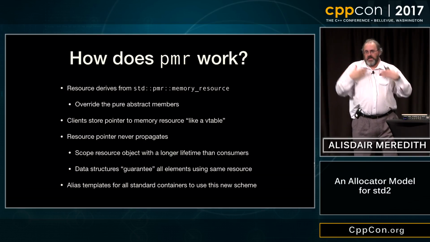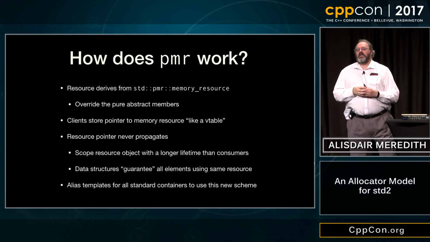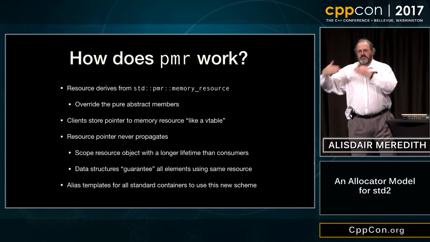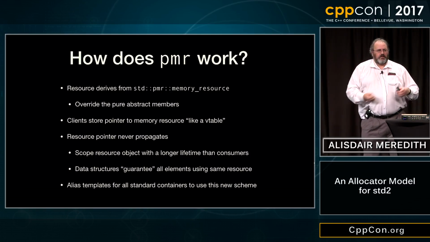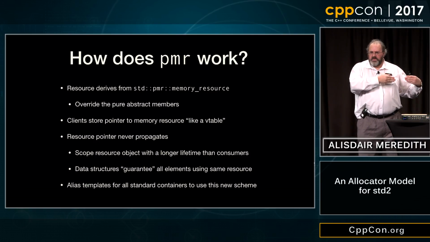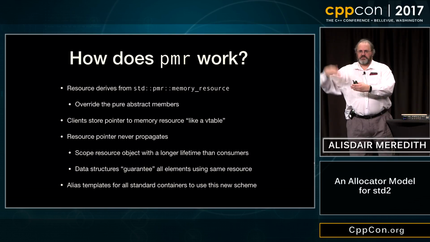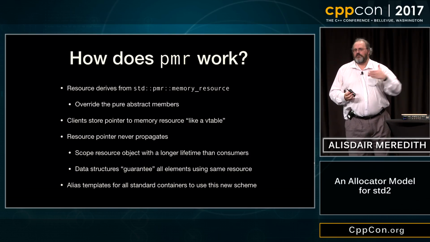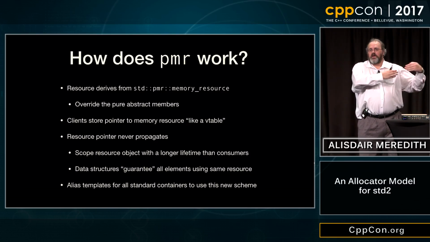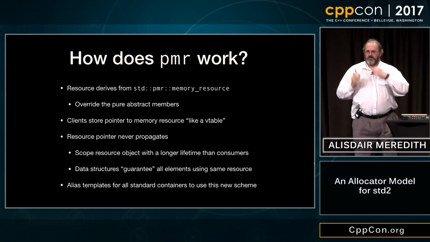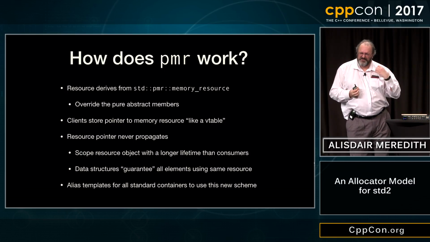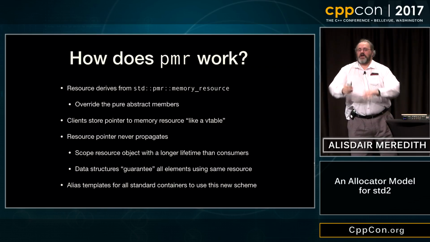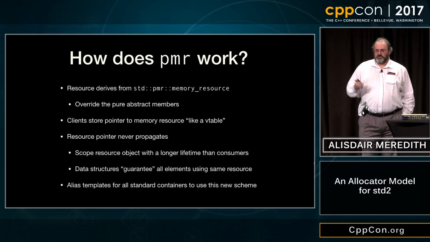The whole notion of being able to rely on memory being in a pool is that all the elements in the container have to have their memory coming out of that same pool. So the allocator is going to say, when I construct elements in my container, this is what the construct method in allocator traits is for. I'm going to make sure I propagate, a word I want to use but it means something different in the standard. I'm going to pass that allocator down to the element when I construct it.